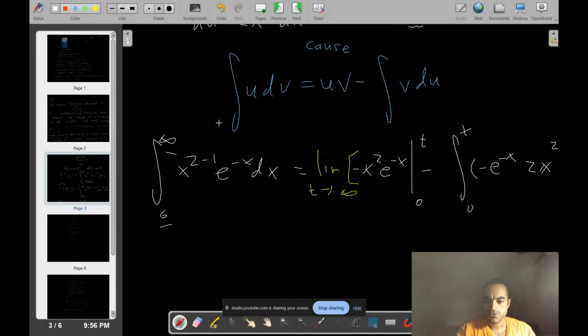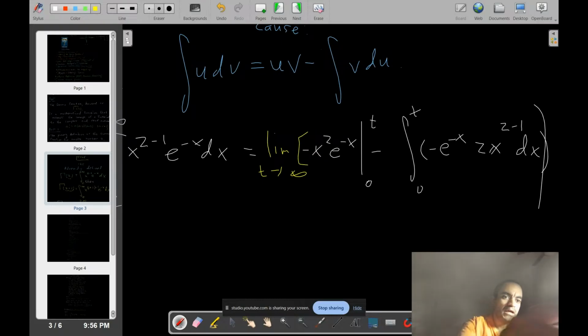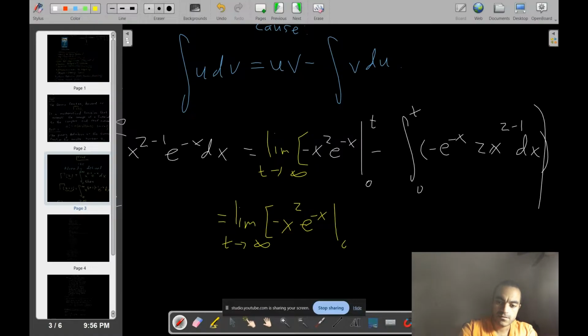All right, if not, we'll continue, and I'll continue writing. So the limit as t approaches infinity, in square brackets, of minus x to the z e to the negative x from 0 to t. And then negative times negative is positive, so this becomes positive. z is a constant that can be brought out front.